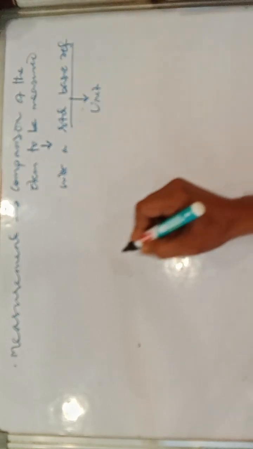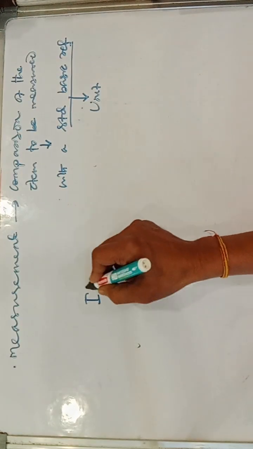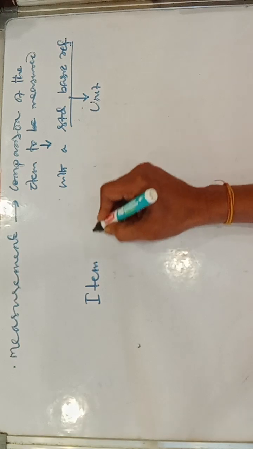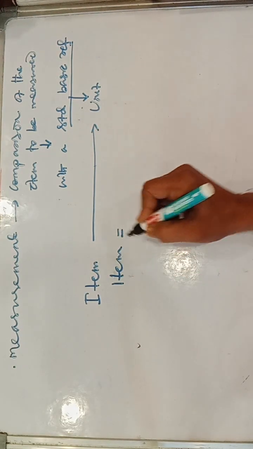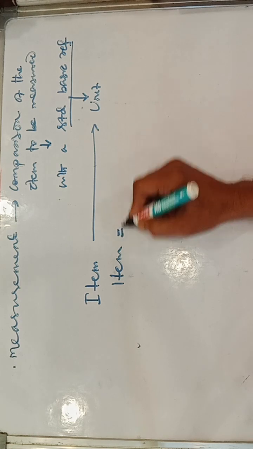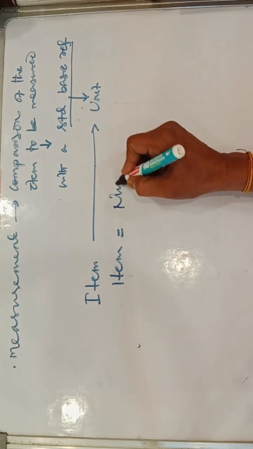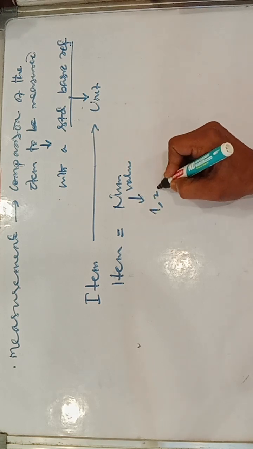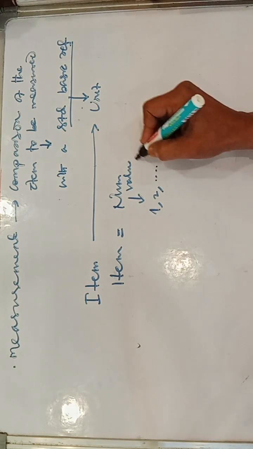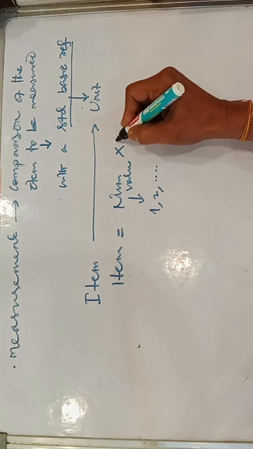This standard basic reference is our unit. When we compare the item to be measured with the unit, this item will be equal to some numerical value like 1, 2, 3 or any part of that times unit.